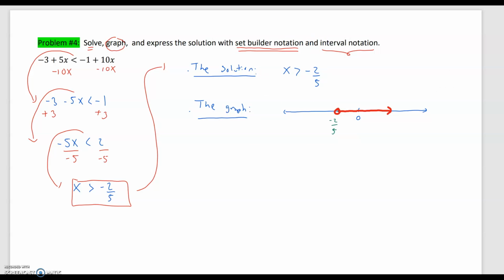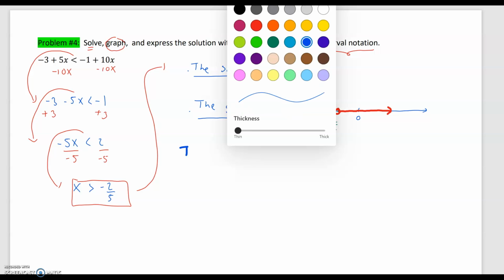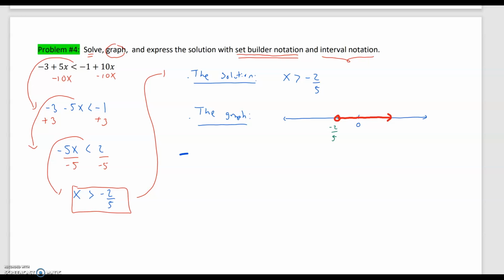The interval notation is simply going to be parenthesis -2/5 towards positive infinity.